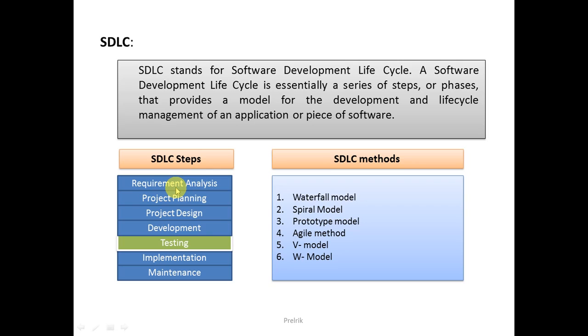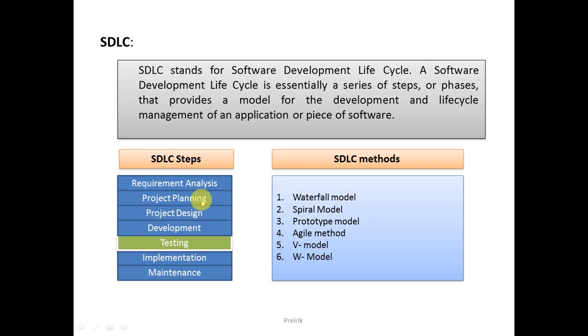So this is the first step of SDLC, and next is project planning. Planning includes the modeling, what model you're going to follow, what is the diagram, what is the workflow of your application. Such things will be included in project design. So I missed project planning.